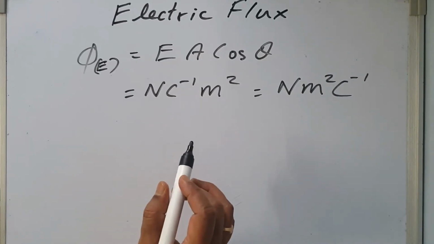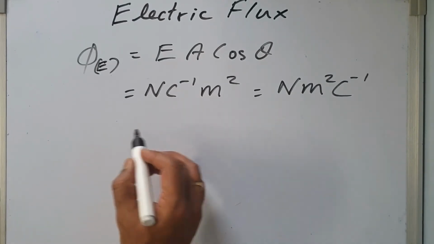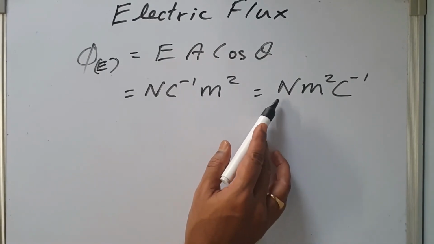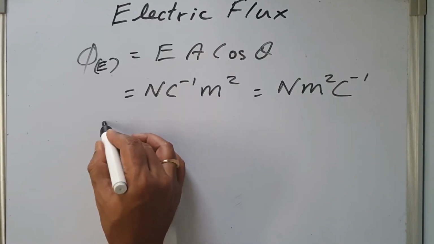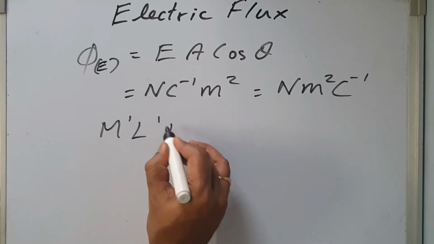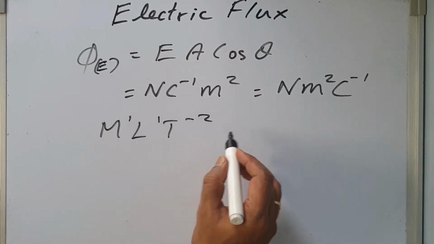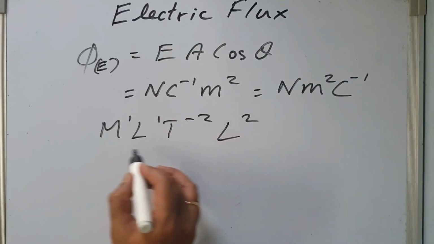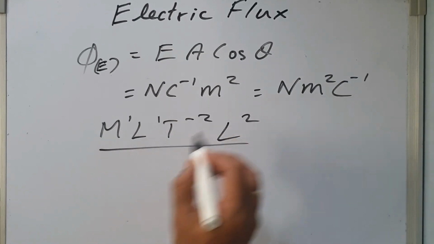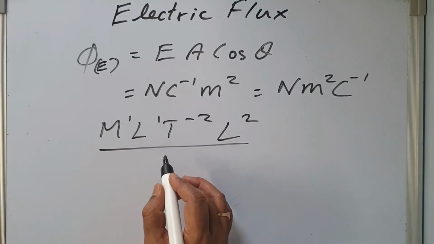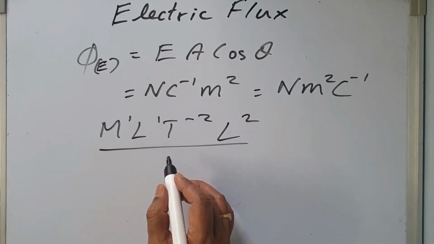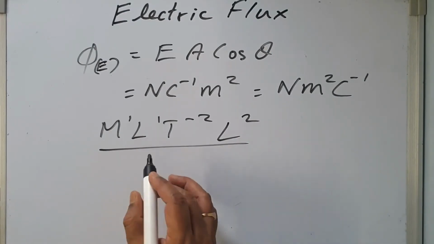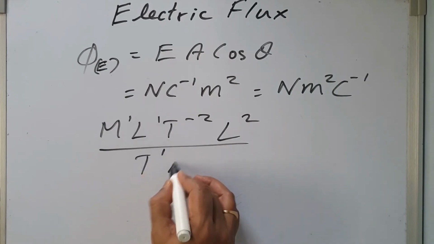What will be the dimensional formula of electric flux? Newton, that is force, is M1 L1 T minus 2. Meter squared is L2, upon Coulomb. What is Coulomb? It is current into time. Charge is current into time, that is T1 A1.